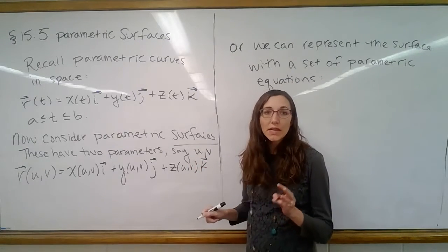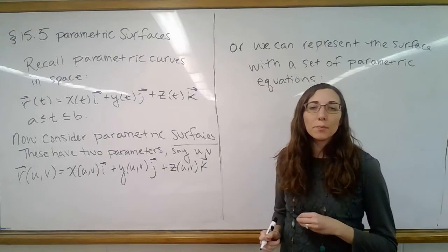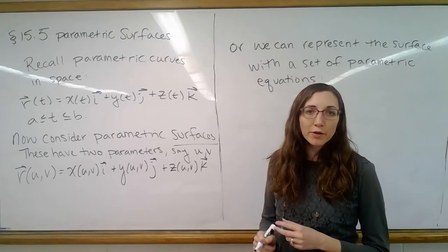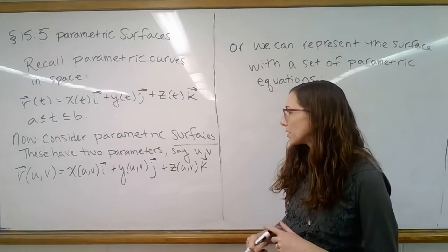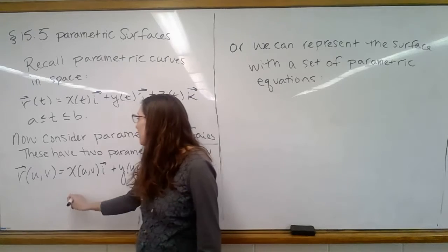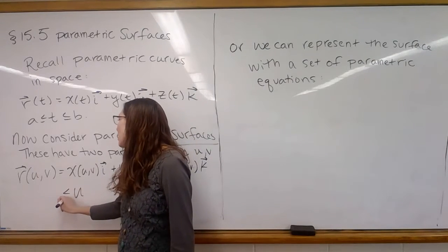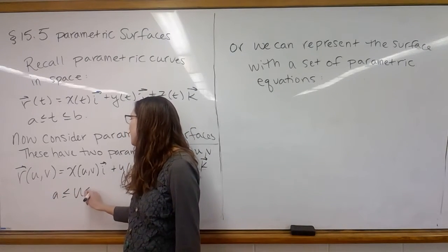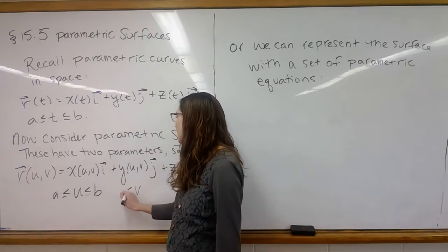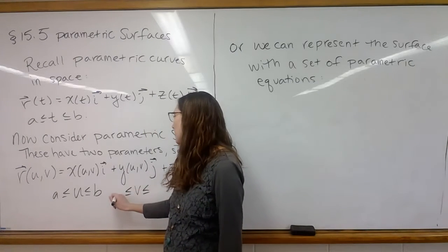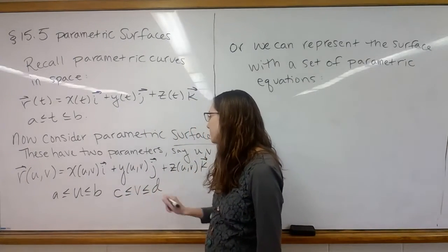So basically three components that are all two variable functions of these parameters. Then we would have some range on u, so say u goes from a to b, and v goes on some other range like c to d.